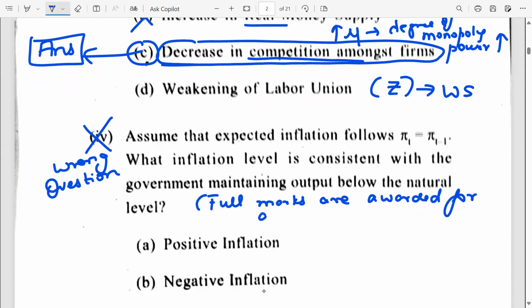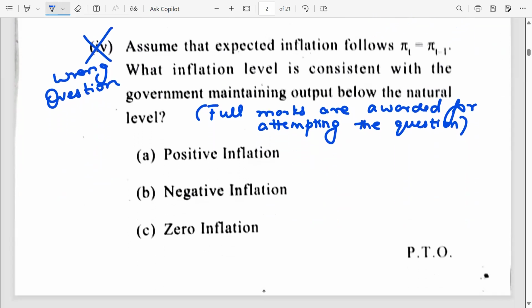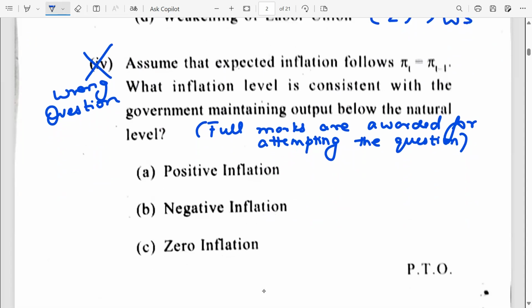Attempting the question means if you mark any of these as your answer, you will be awarded full marks. So irrespective of what you mark, if you mark one of the MCQ options as your answer, then you will be given full marks. The question itself was a wrong question. Okay, because of some misprint, we are leaving question number 4.